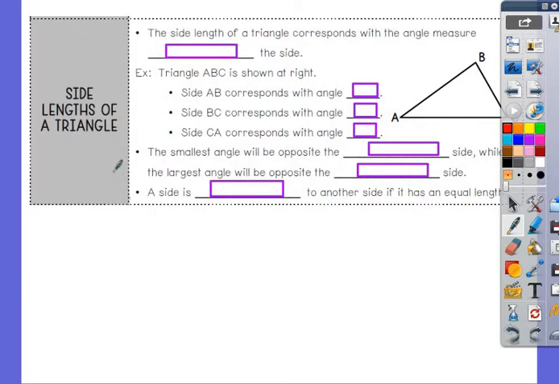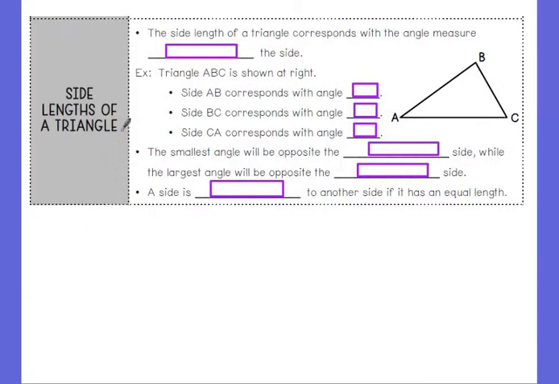Okay, now talking about side lengths of a triangle. We just talked about the angles, now we're going to talk about the side lengths of a triangle. The side lengths of a triangle correspond with the angle measures opposite side. Okay, so if I'm looking at this triangle ABC here, and I want to see what angle corresponds to side AB.